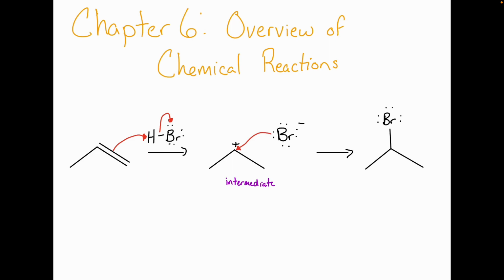All right, so what we're going to start today is with some terminology. We didn't use this terminology before, but we're going to use it a lot going forward. In this particular reaction, my alkene is playing the role of a nucleophile, and the HBr is playing the role of the electrophile.